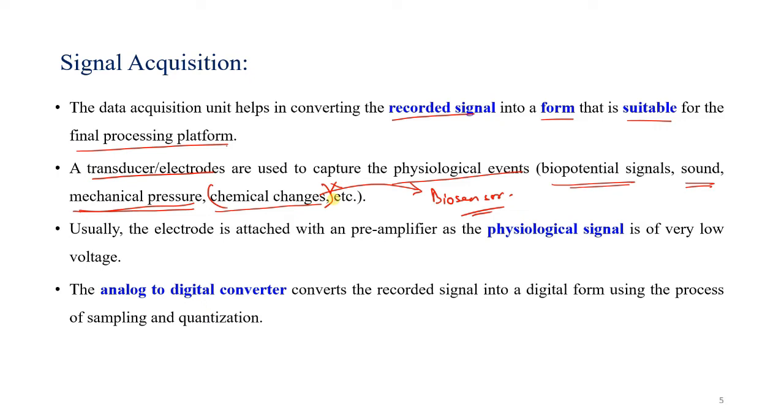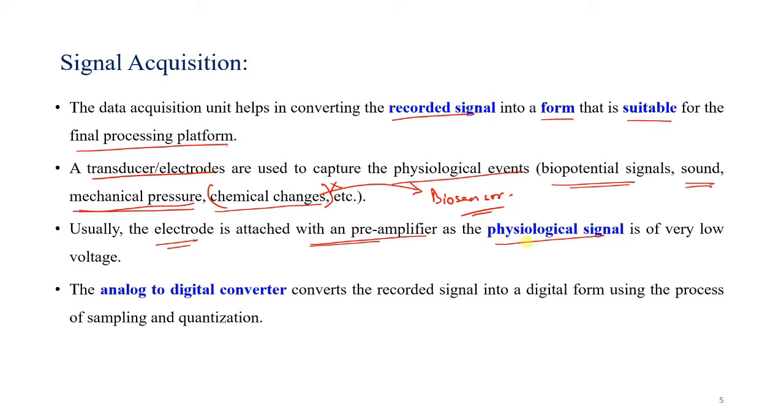Then, in our last class you have already seen that the electrodes or the transducers are attached to a preamplifier, as the physiological signal is of very low voltage. I told you that one of the strongest signals we get from the body is from the cardiac muscles, and that is also in the millivolt range.